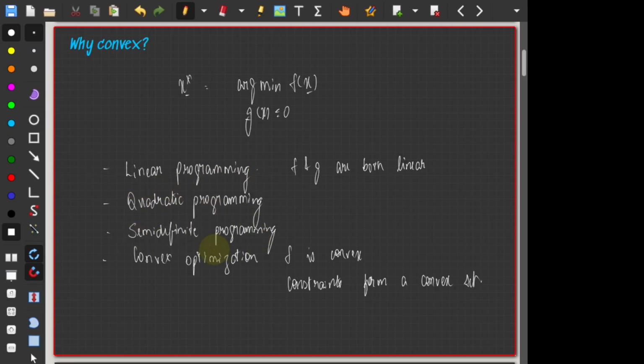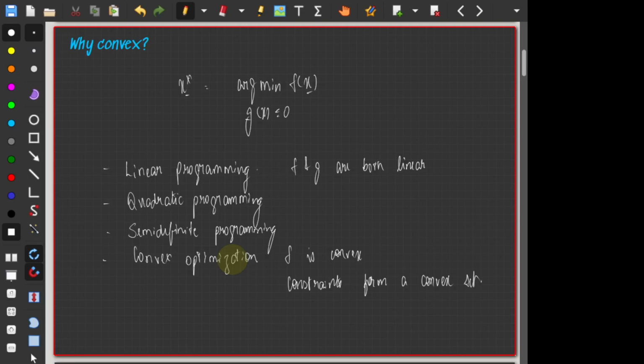So we'll see each of these problems, what kind of sets and what kind of objects each of these are under the broad umbrella of convex optimization problems. We'll see what a convex set is, and we'll see some other kinds of sets. There's another class of optimization problems called conic programming and so on.